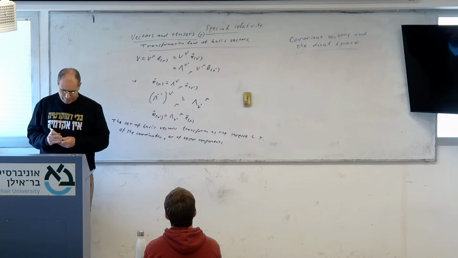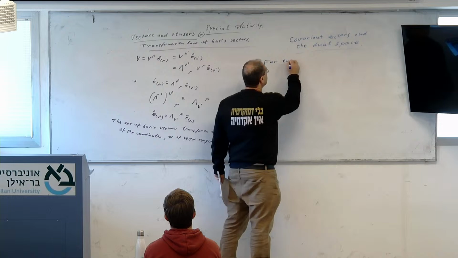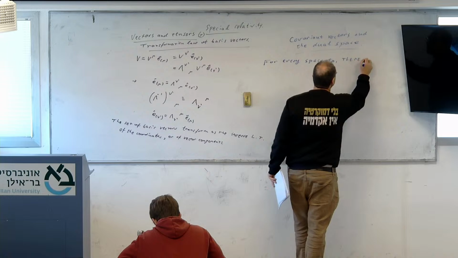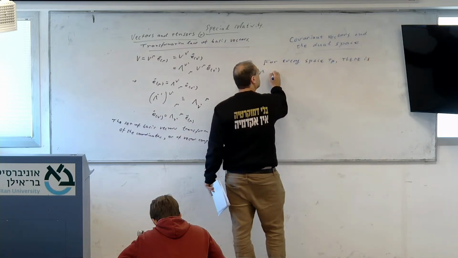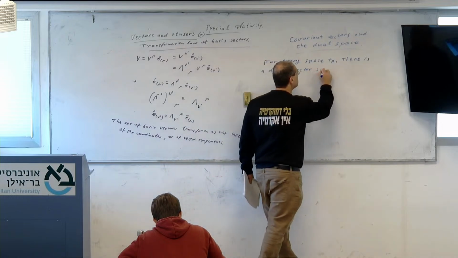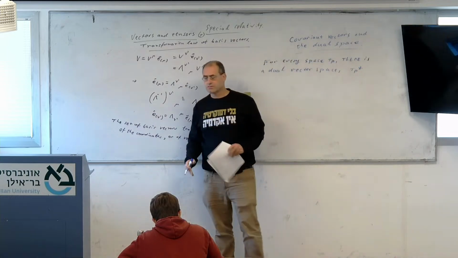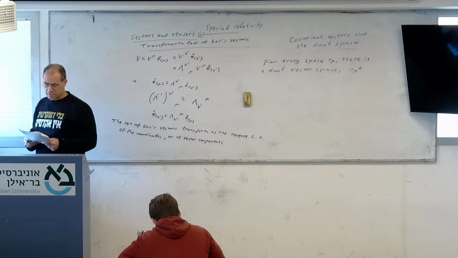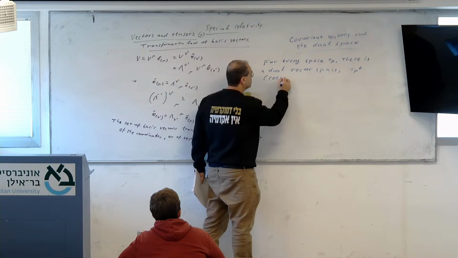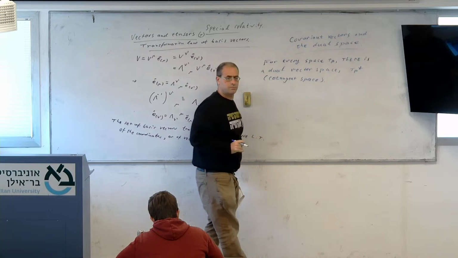So, for every space T_p, there is a dual vector space, which we call T_p star. It's also known as the cotangent space. It's okay, I'm defining it right now.